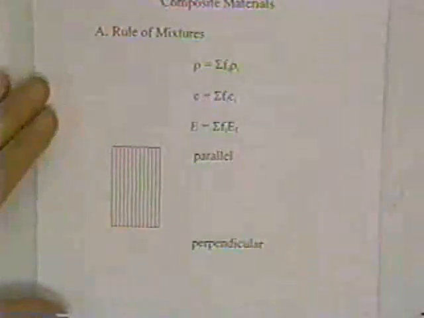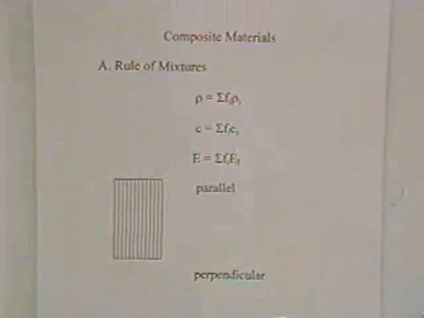The last thing that we're going to talk about will be composite materials. Some examples of the kinds of things that might be helpful to you would be application of the rule of mixtures. This says if two phases or two properties are not mutually dissolvable in one another and are independent, we can describe them by a sum of the individual properties.